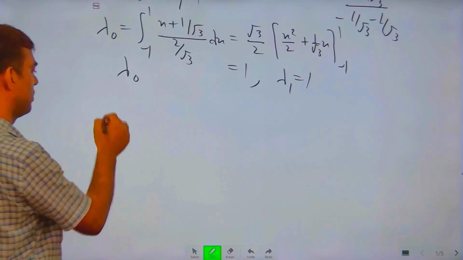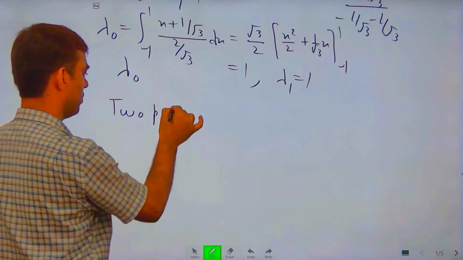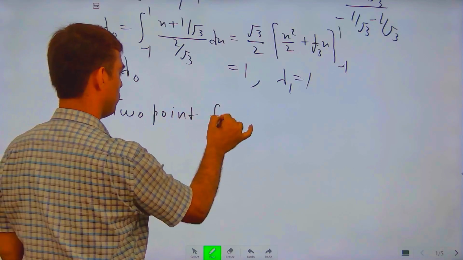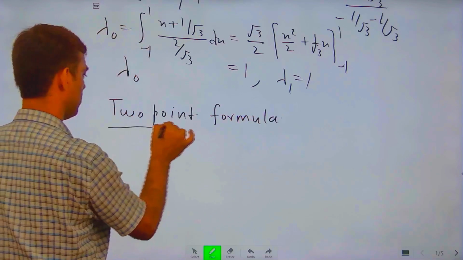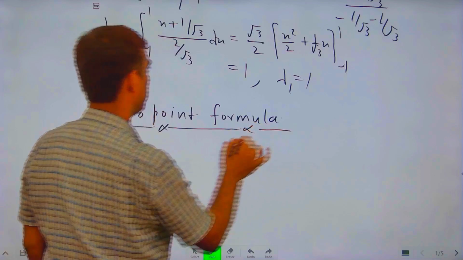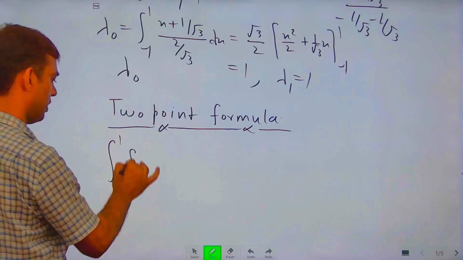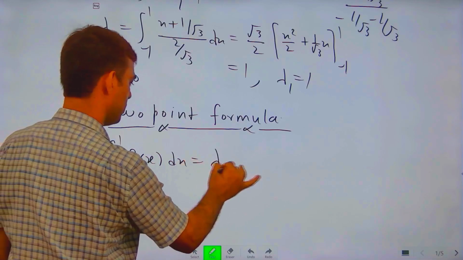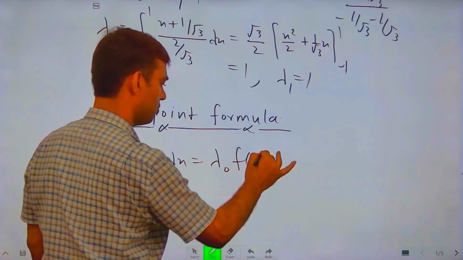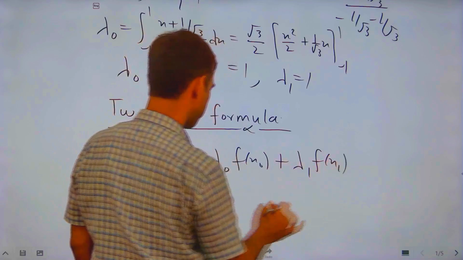So, what is the formula? The 2-point formula becomes the integral from minus 1 to 1 of f(x) dx equals lambda 0 f(x0) plus lambda 1 f(x1).